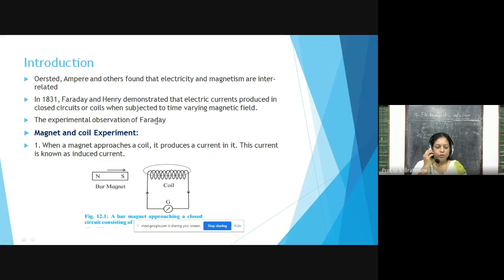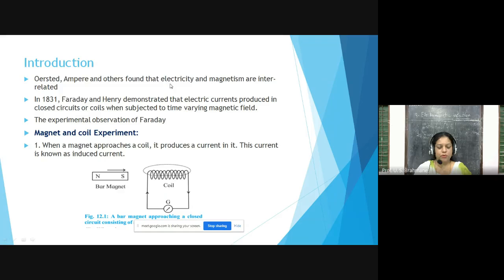I have told you that Oersted, Ampere and others found that electricity and magnetism are interrelated. See here, electricity and magnetism are interrelated. It's very important. We have seen Oersted's experiment, in which a coil is carrying current and a needle is placed near it.